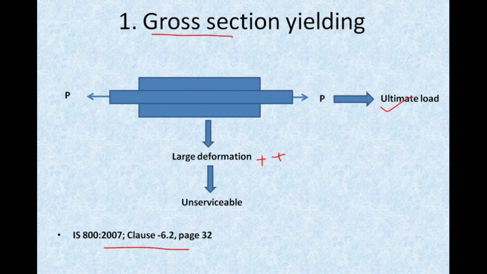Next, the second type of failure is the net section failure. Tension members will always be connected to each other either by bolts or by welds. Sorry, this will not be holes, this will be welds.